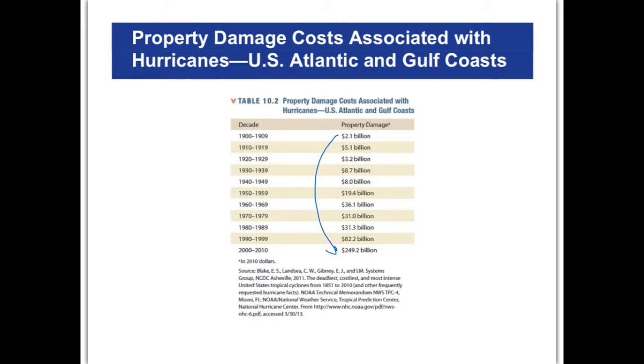So part of that is due, no doubt, to the fact that more people live near coastal areas. But I mean, it still is a heck of a lot more money than even just 100 years ago. So putting ourselves in danger is one of the big things that causes a lot of this loss.